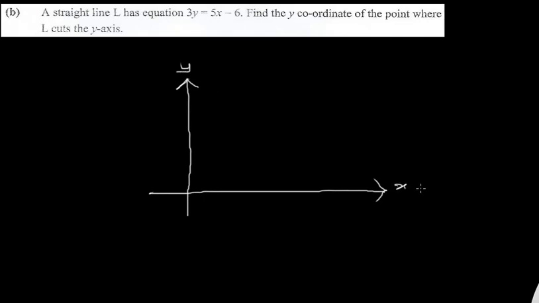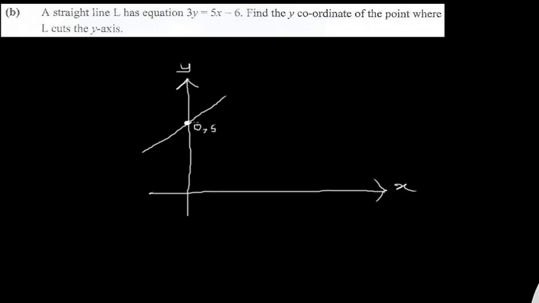So when you talk of cutting axes, remember the x or y plane? This is the y-axis and this is the x-axis, right? So if a line cuts the y-axis, it means its x-coordinate is 0.